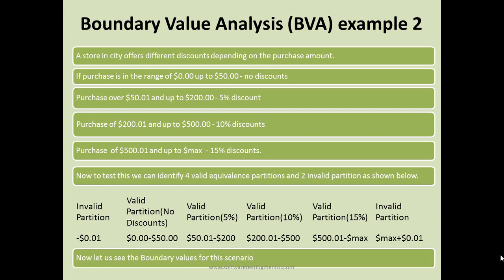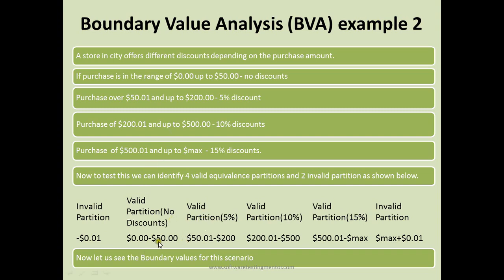We saw that the valid partitions were for no discount, 5% discount, 10% discount and 15% discount, and the invalid partitions were anything above the maximum purchase limit or anything negative. Now we'll see what the boundary values are for this scenario.